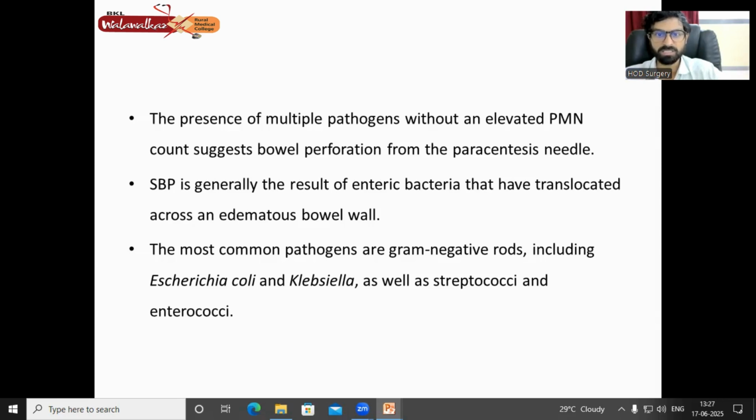SBP is generally the result of enteric bacteria that have translocated across the edematous bowel wall. The most common pathogens isolated are gram-negative rods, including E. coli and Klebsiella, and also sometimes streptococci and enterococci can be the cause.